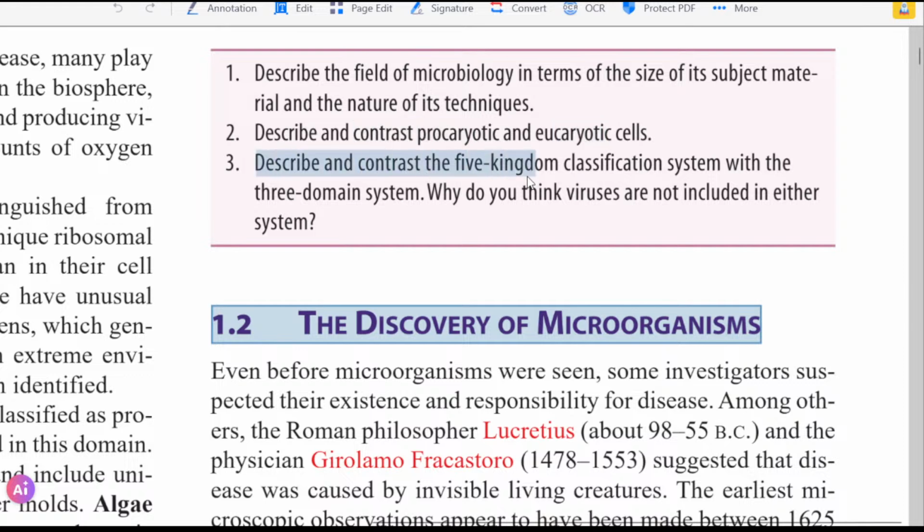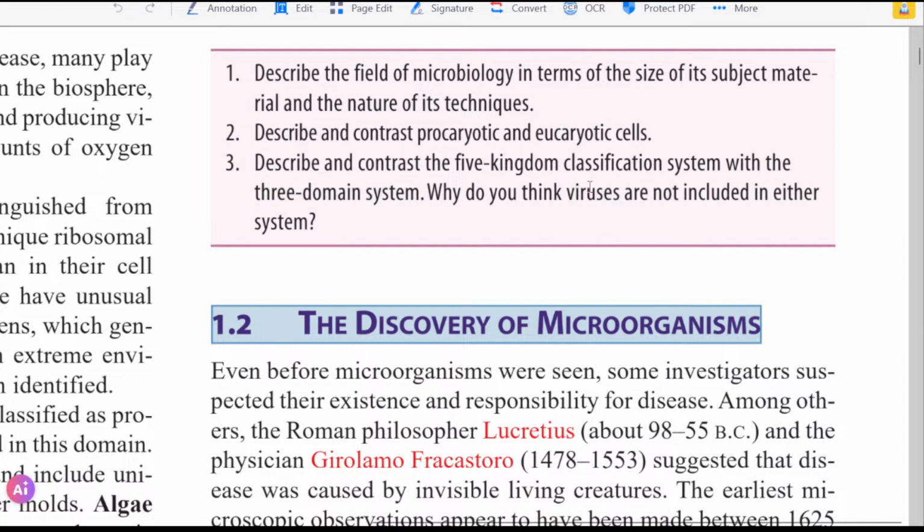Describe and contrast the five kingdom classification with the three domain system. Why do you think viruses are not included in either system? First of all, the five kingdom classification system is done for living things, and the three domain system is also done for living things. Viruses are not considered living. They are at the borderline of living and non-living.